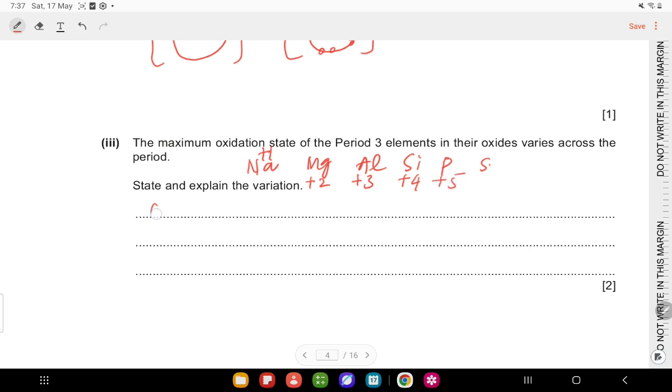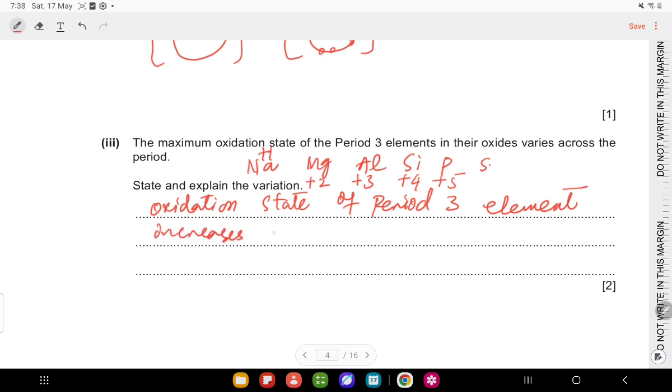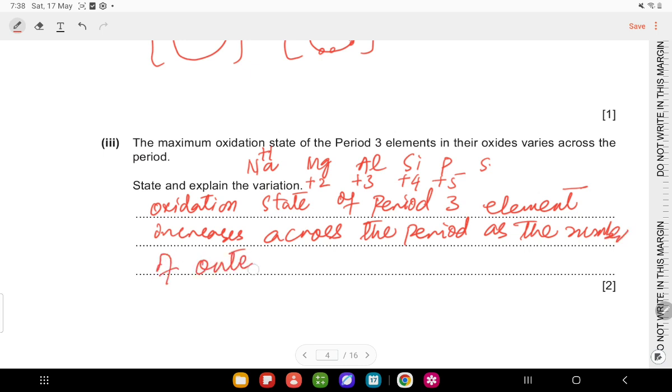So the oxidation state of period 3 elements increases across the period as the number of outer shell electrons increases.